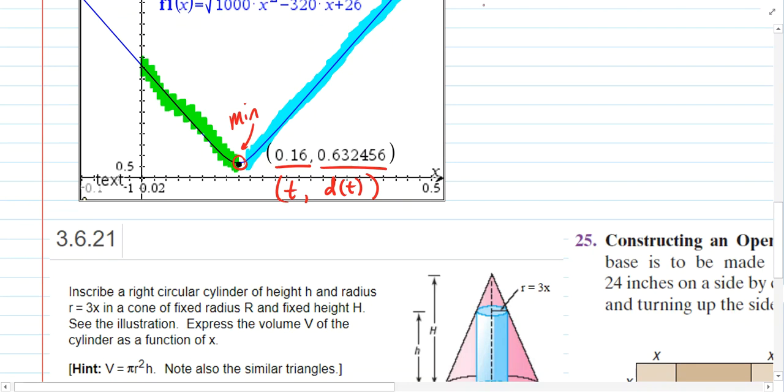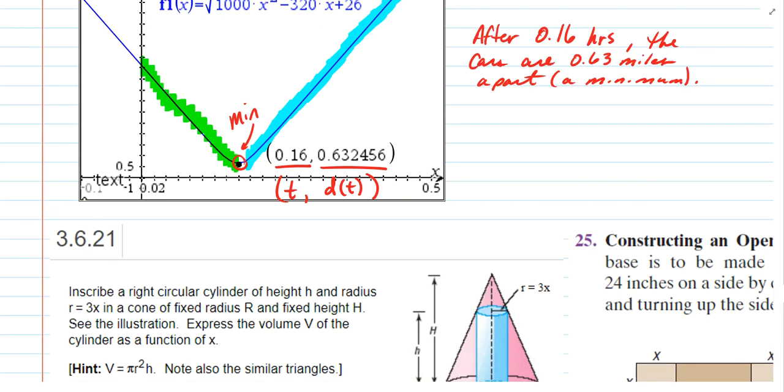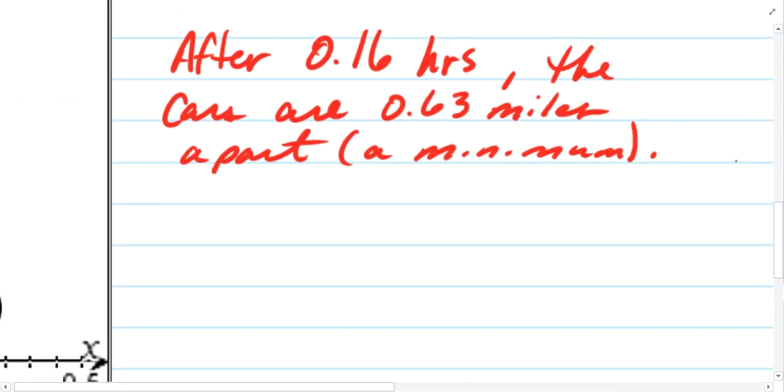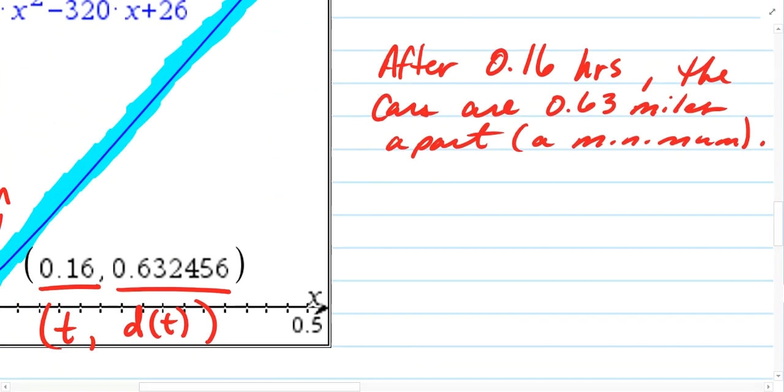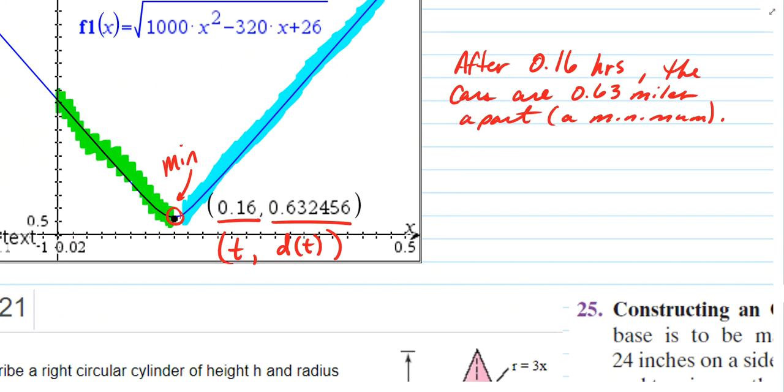We know that after 0.16 hours, t was measured in hours, the cars are 0.63 miles apart, which is a minimum. That's the closest distance between those two cars. I would argue that there is no danger of them striking one another at the intersection, so the lights at the intersection would likely not have to be changed.